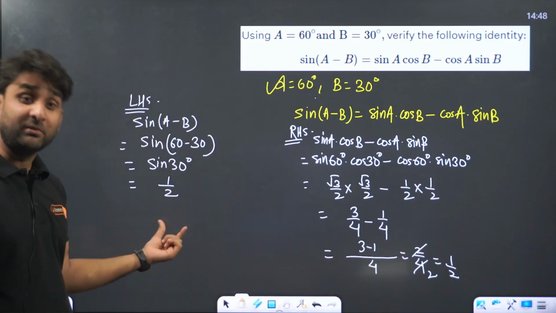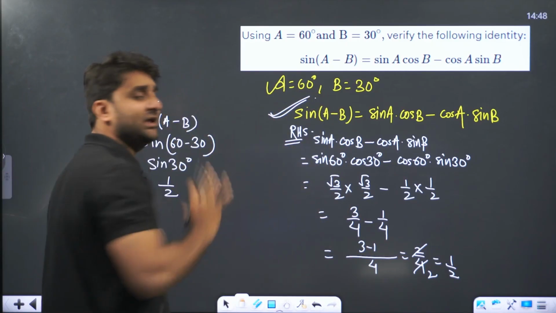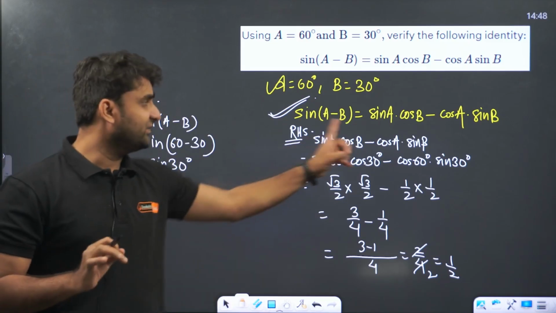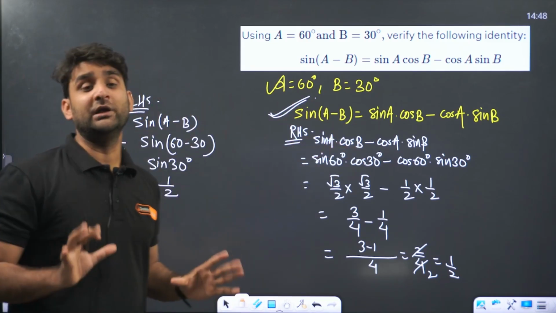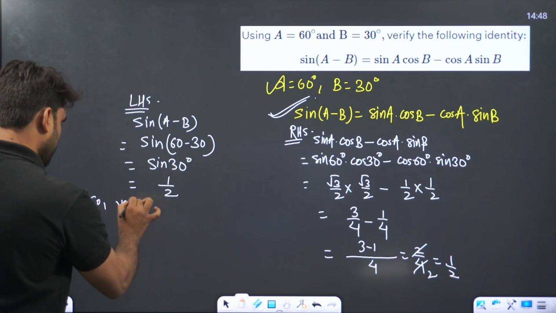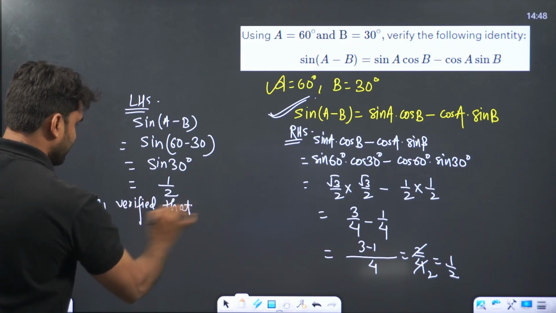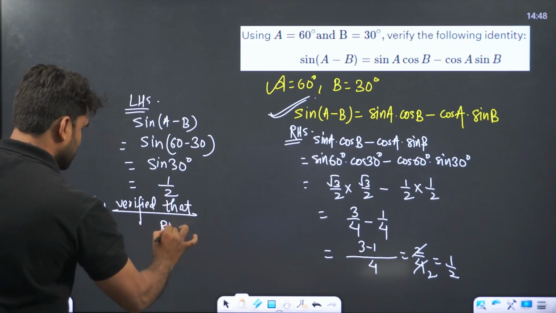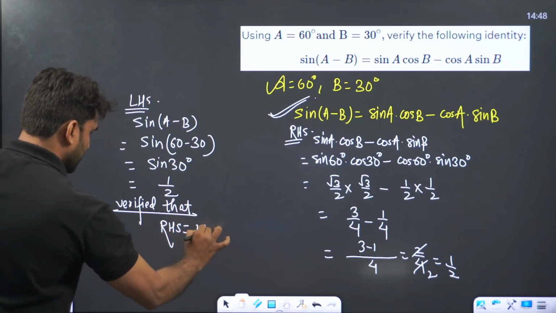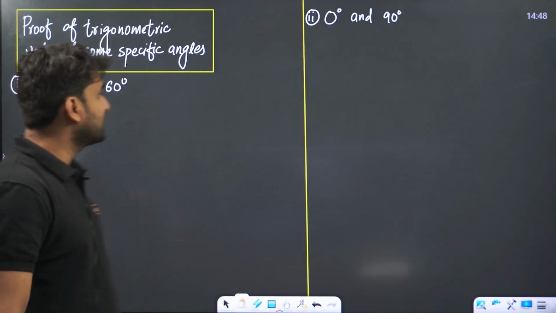What is LHS? 1 by 2. Oh my God. It means that this identity, this formula, is absolutely correct. So verified that RHS is equal to LHS. Hence verified. Clear everyone? Moving to next question.